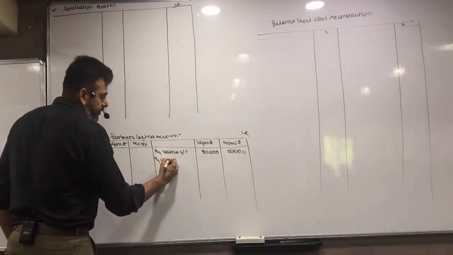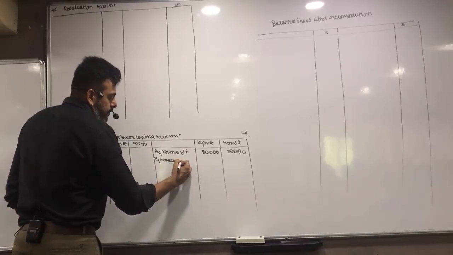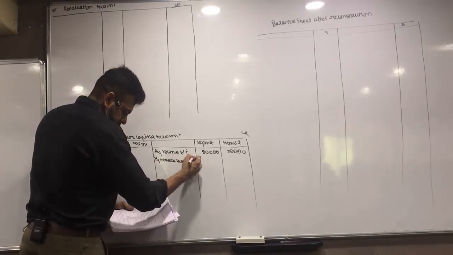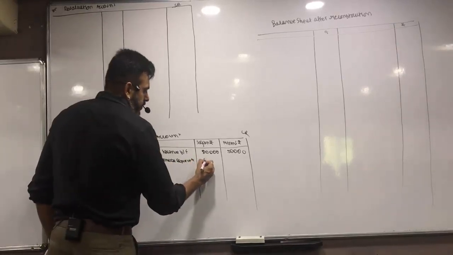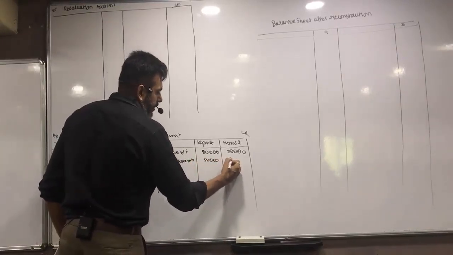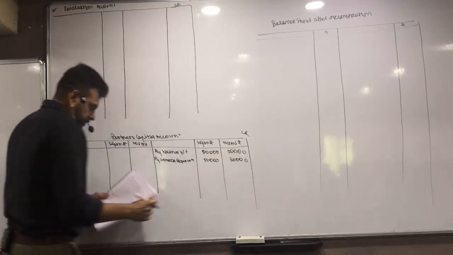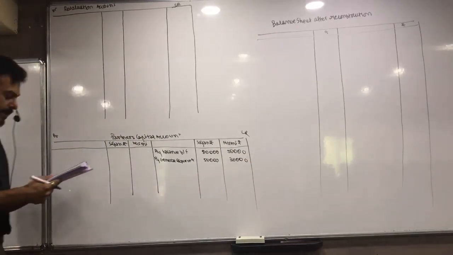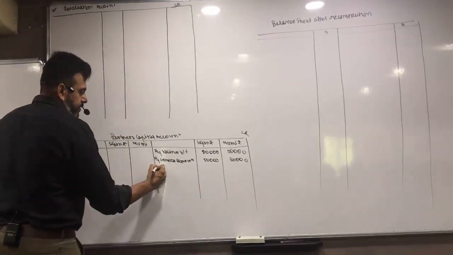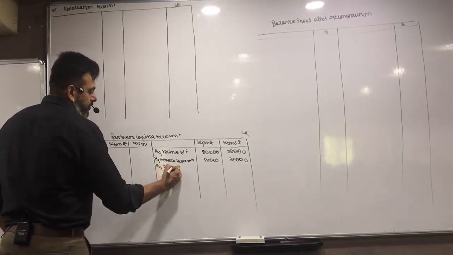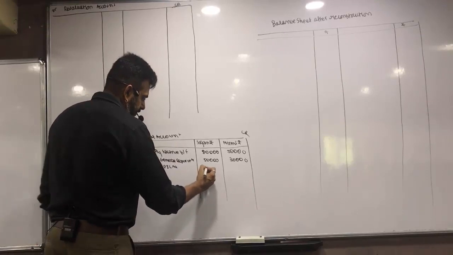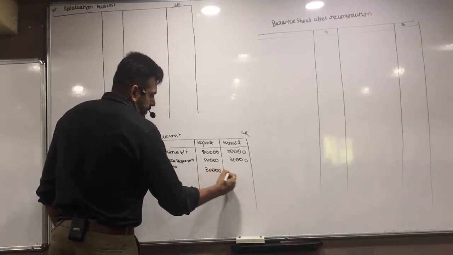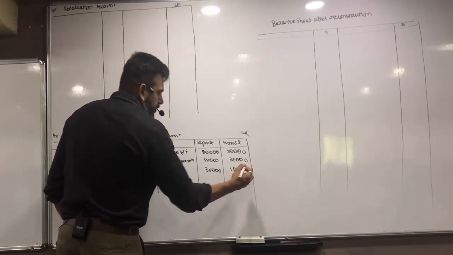So by general reserve, the ratio is the old ratio 5:3. So 80,000, 50,000 and 30,000. Similarly, profit and loss account, accumulated profit. By profit and loss account 48,000. So 6 5s are 30,000 and 18,000.